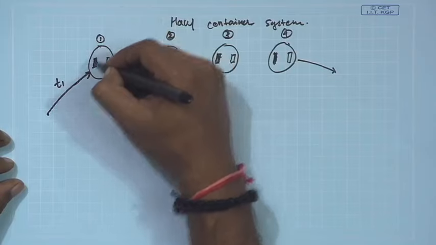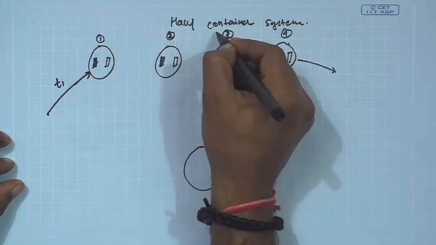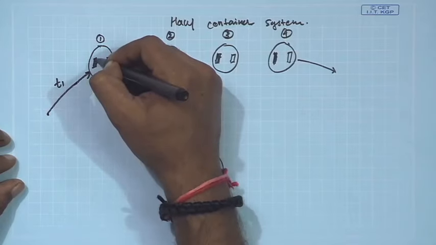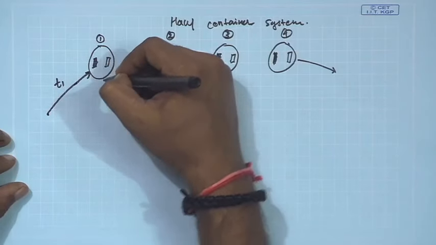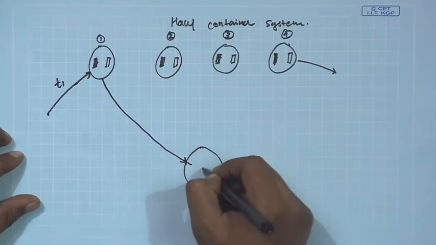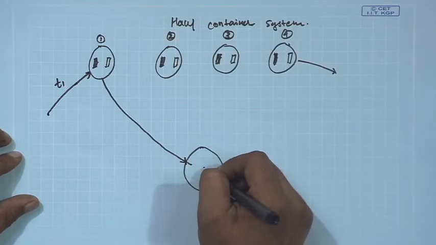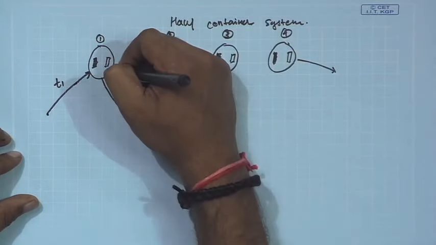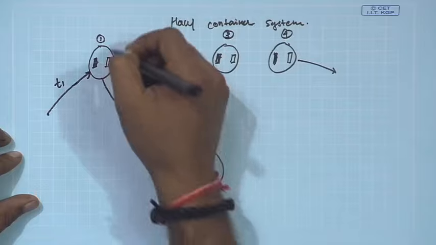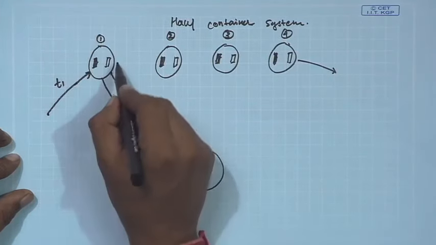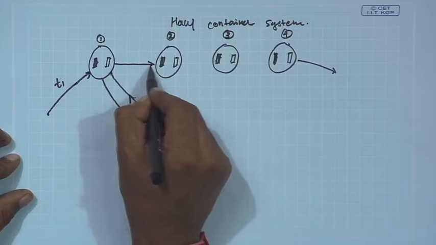From here it will pick the container, because it is a Hall container system, and the container along with the waste will be hauled to a transfer station. Here it will empty the container, and that emptied container it will haul back to station 1, and from here it will unload that emptied container and move to the next station.